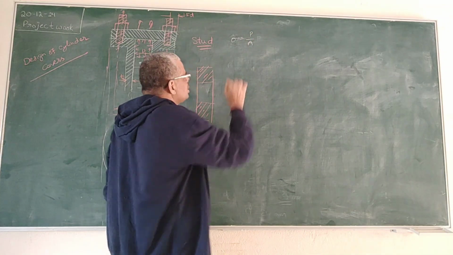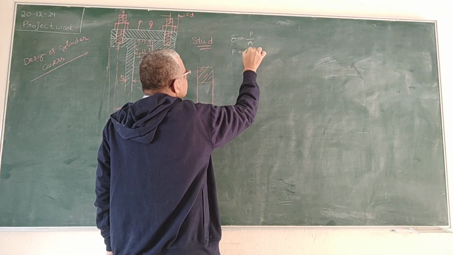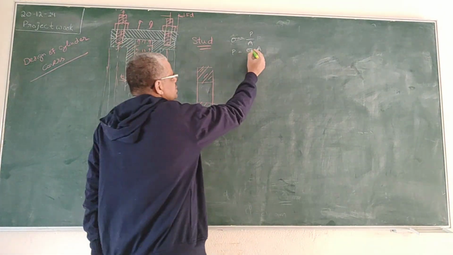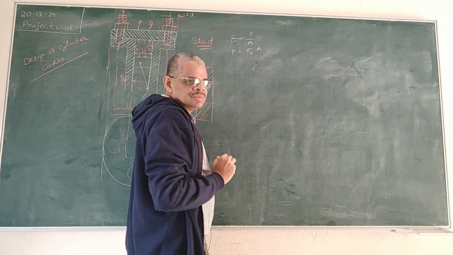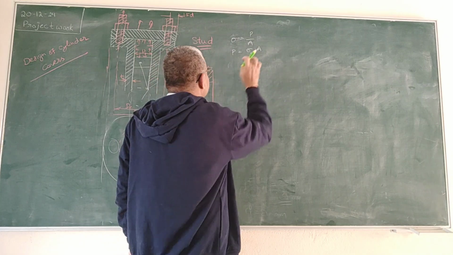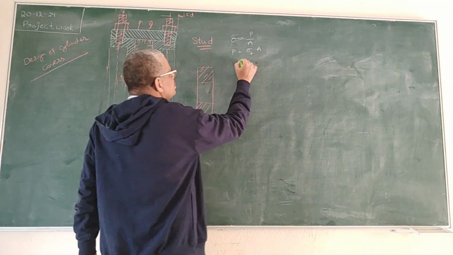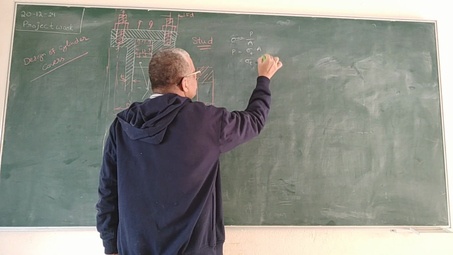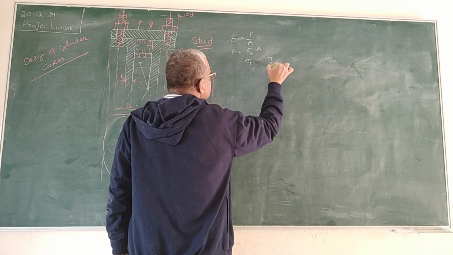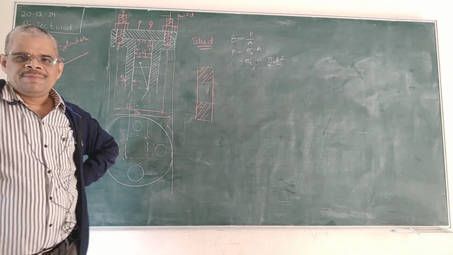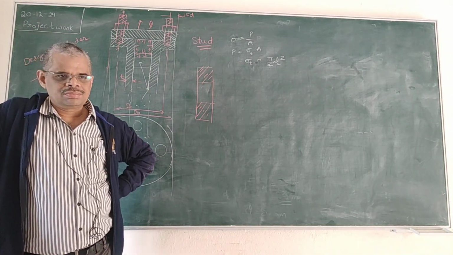Is it right or not? So, if you want force, P is equal to stress into area, where stress is the tensile stress. If there are n number of bolts, then this will become sigma T into n into pi by 4 dc square. Since it is tensile force, pi by 4 dc square.